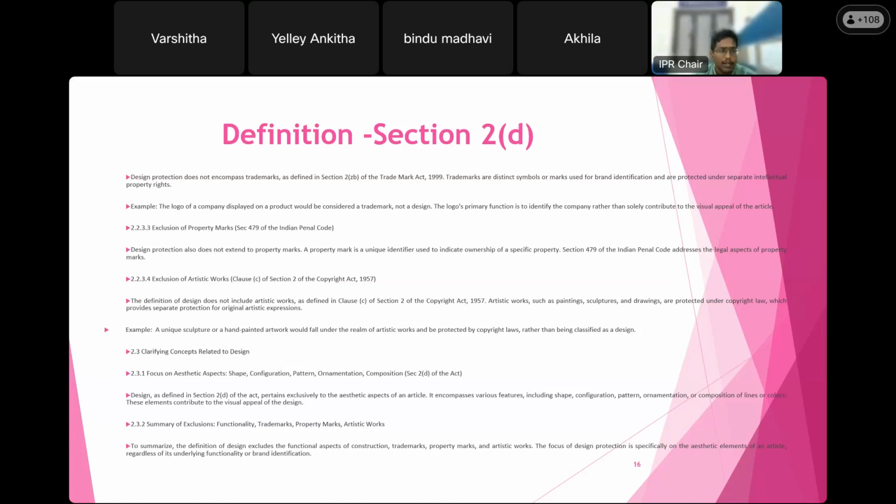So basically I'm discussing the exclusions: what cannot be protected under design, and why. Copyright only protects the expression. For example, if you take a painting, how you are drawing, how you are painting it, or a sculpture and drawings, it protects the expression only. It doesn't protect the functionality or any aesthetic appeal.